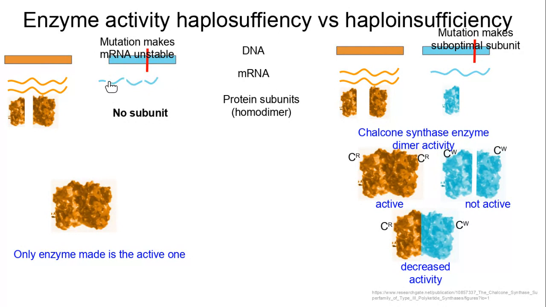If this RNA gets degraded, then the subunit, the protein, doesn't get made. So this is one example of haplosufficiency where the functional copy gets made, and you would have enough of these proteins to confer the phenotype of the dominant allele. And this one doesn't get made, so it doesn't interfere with the action of this one, as it does here.